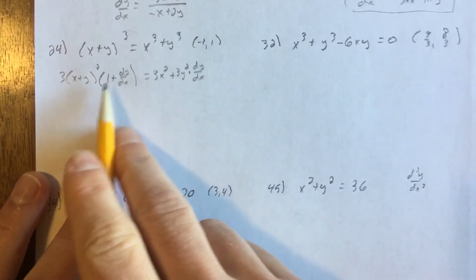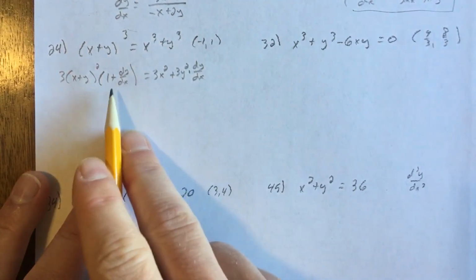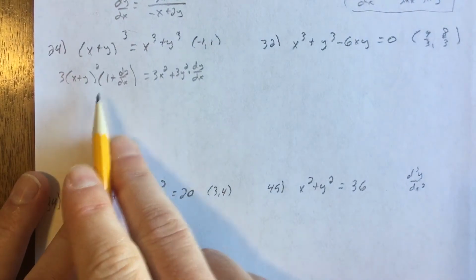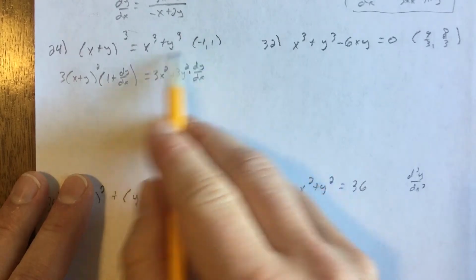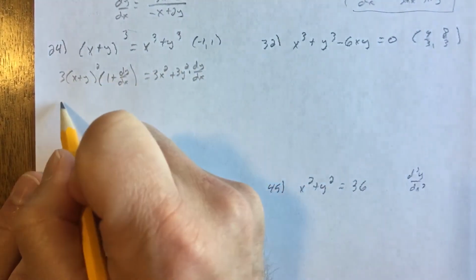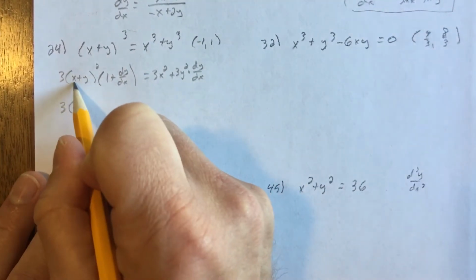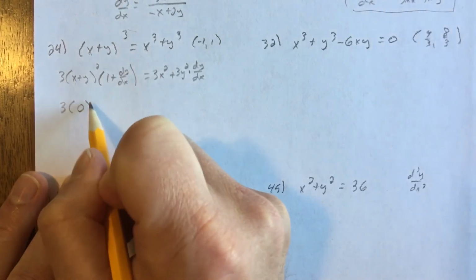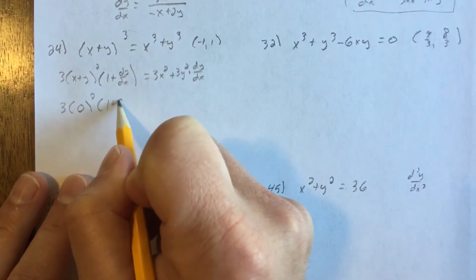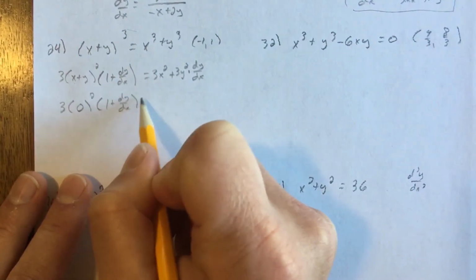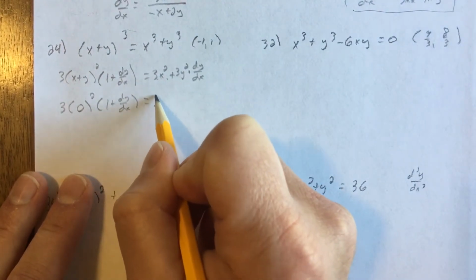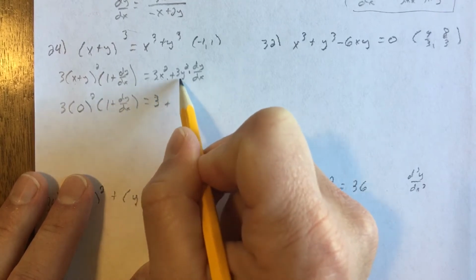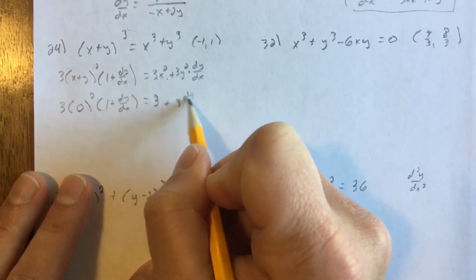Now we can, if we want, try to work all this out and get dy/dx by itself and then plug this point in, but there's no need for that. I think the easier thing to do is just put this point in right now. So we're going to have 3 times negative 1 plus 1, which is 0 squared, times 1 plus dy/dx, equals 3 times negative 1 squared, which is 3, plus 3 times 1 squared, 3 dy/dx.